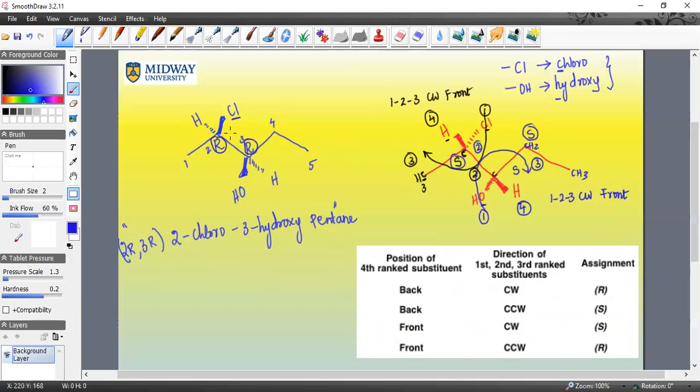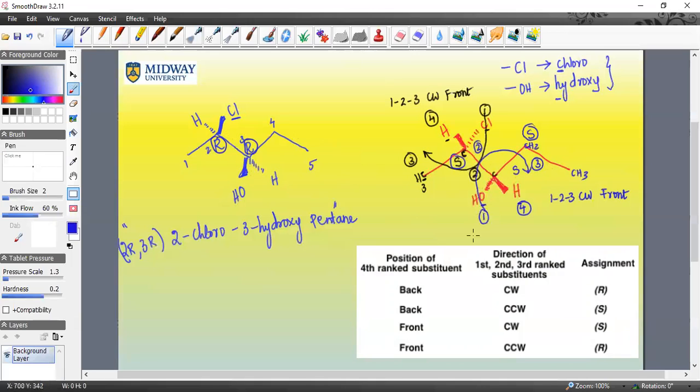We swapped the position, so the Cl went to front. Here the Cl was in the front and OH was in the front. Here Cl is in the back, OH is in the back, the hydrogens are in the front. So when you flip just one thing without making too many changes, your configuration should be exactly the opposite.